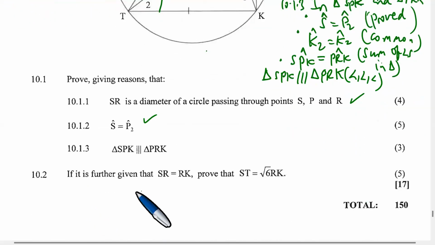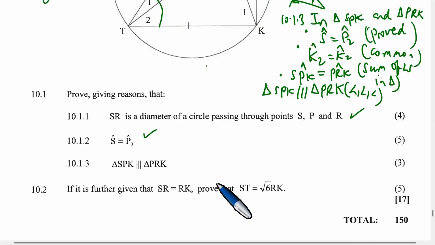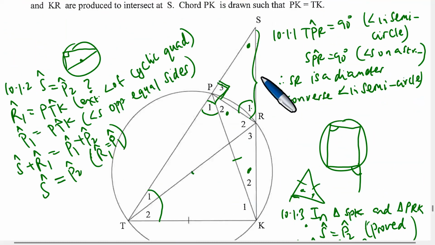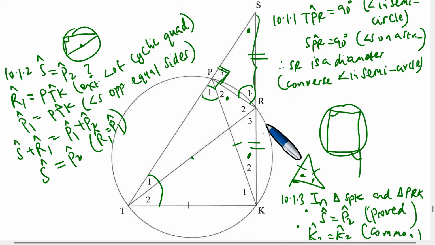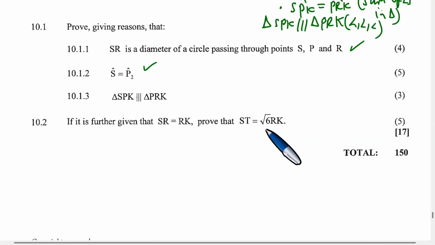Last but not least, if it is further given that SR is equal to RK, you need to prove this here.